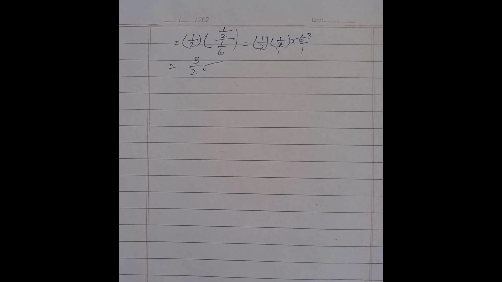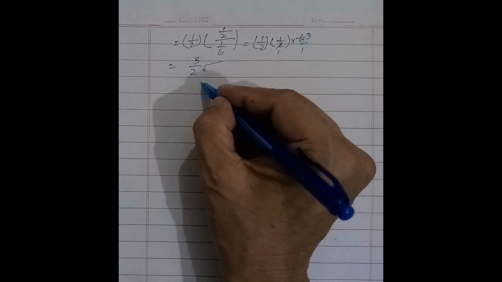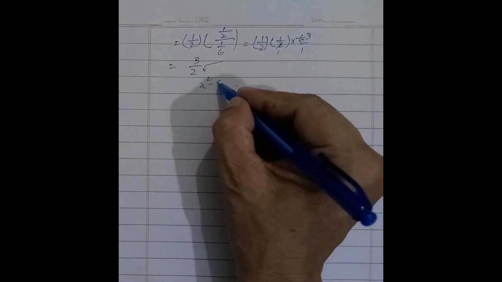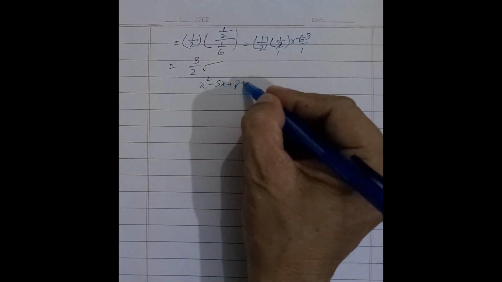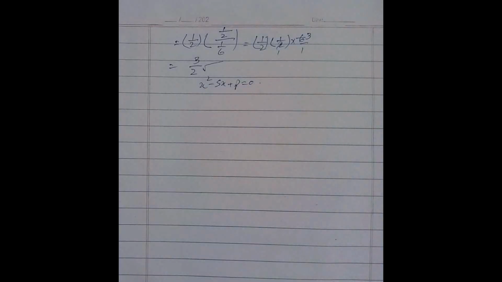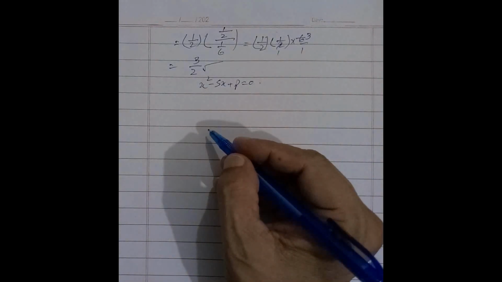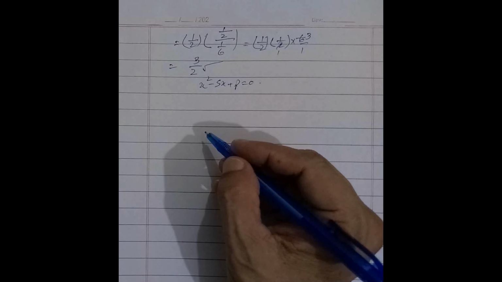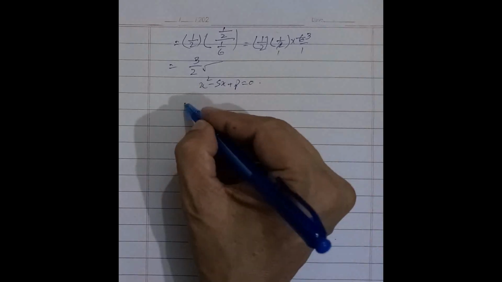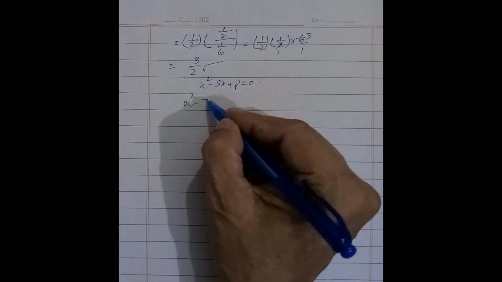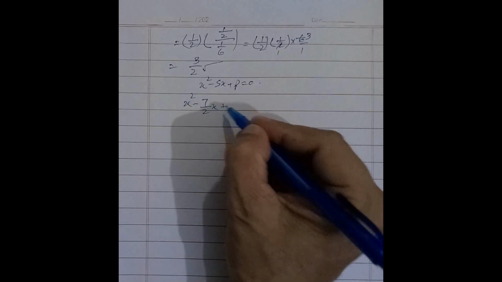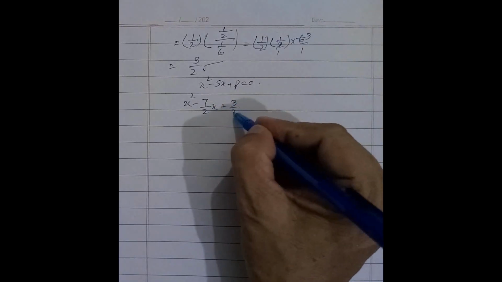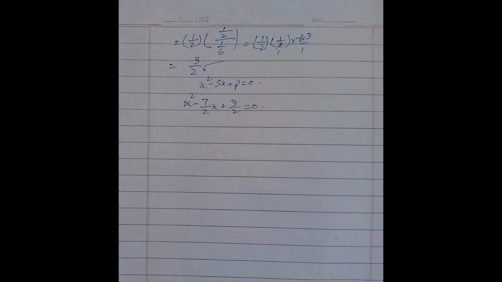And now we put the values of sum and product in the equation, which is x square minus sx plus p is equal to 0, and the values we get are x square minus 7 over 2x plus 3 over 2 is equal to 0.